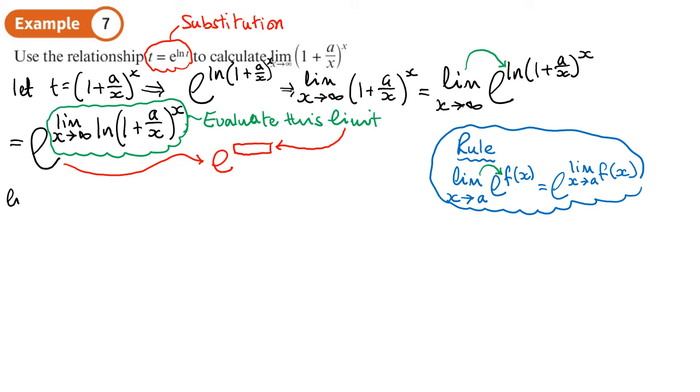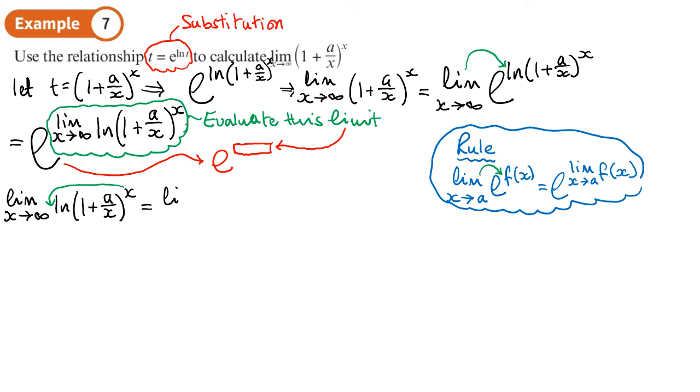So let's write it down. The limit as x tends to infinity of log 1 plus a over x to the power x. Now the first thing we can do is use the rules of logs, which say if you've got a power, that power can be written at the front. Our whole aim is that we're probably going to be applying L'Hopital's rule, and we want this written as just one function over another, which we haven't got at the moment.